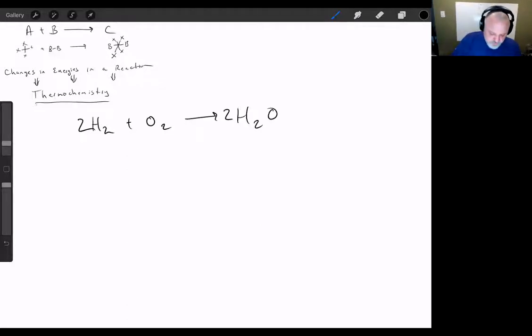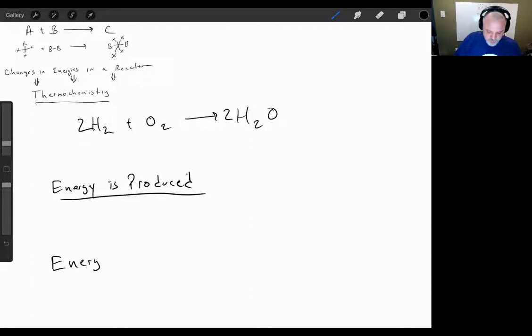So there are two possibilities. There's a possibility like this reaction, where energy is produced in the course of the reaction. And there's another possibility: energy could be absorbed.